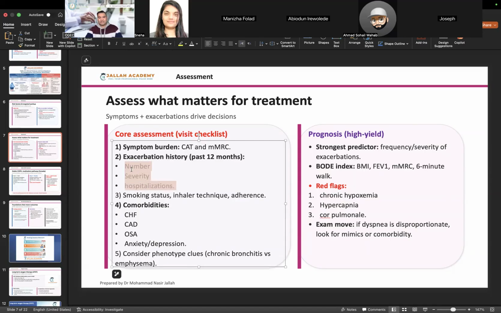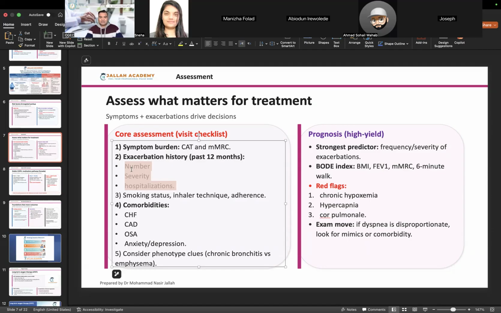If you're doing NAKOSI and you are dealing with a patient suffering from COPD, you need to know the number of exacerbations, the severity, and the number of hospitalizations. Why? Because it matters in mapping out your management plan, especially if the patient has frequent ER visits or frequent hospitalizations.